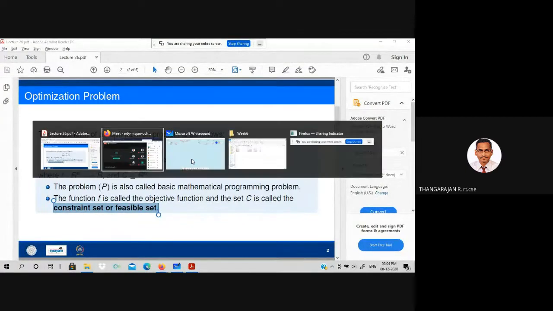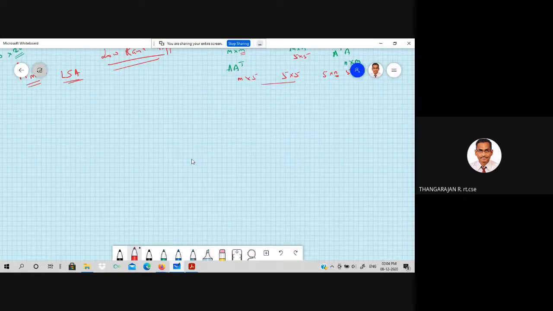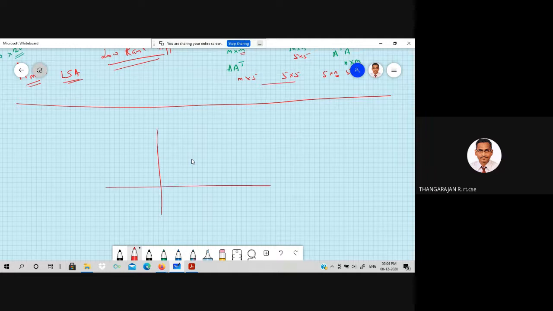Graphically, it will be something like this. Say, for example, you have a two-dimensional space in which you have some contours. You know that this is a surface, and on this surface, this is the error function value. The errors are more here, and this is the minimum point.